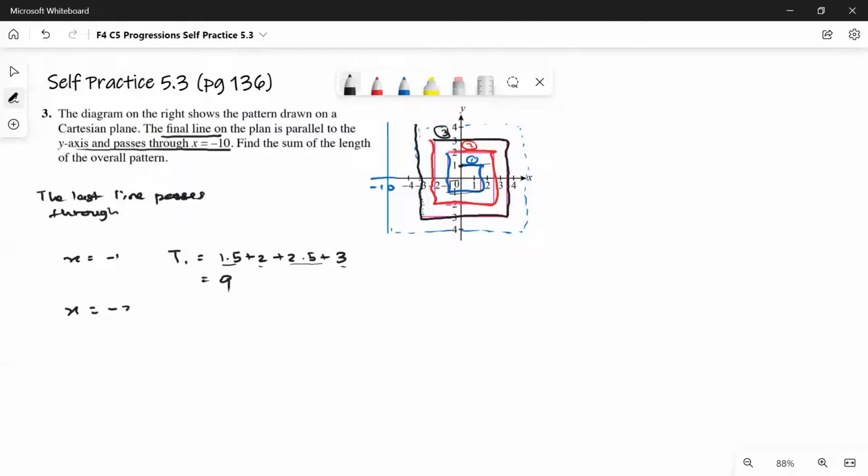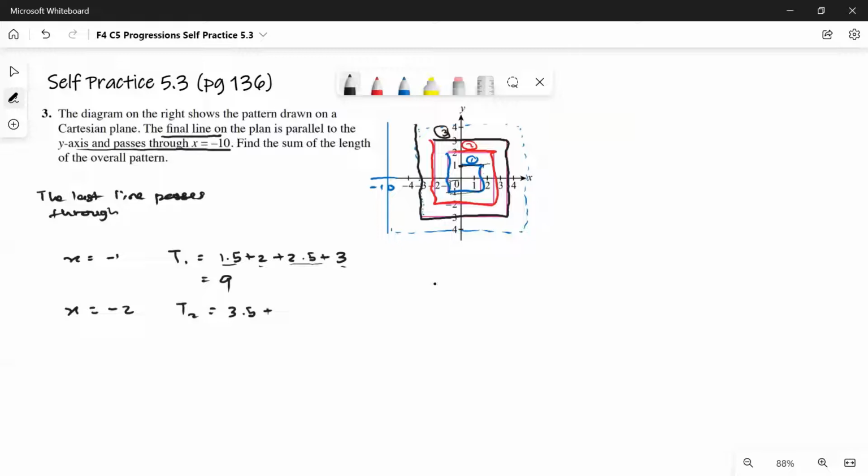So I shall use the similar pattern to describe my first term and second term. When my line ends at x equals -2, that will be my second term. The length of the second term, let's look at the red one: 1, 2, 3.5. So basically continue with the number 3 here, so we will have 3.5.